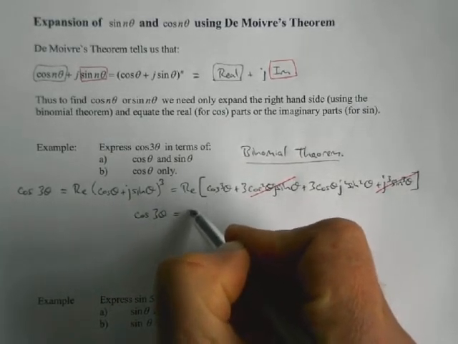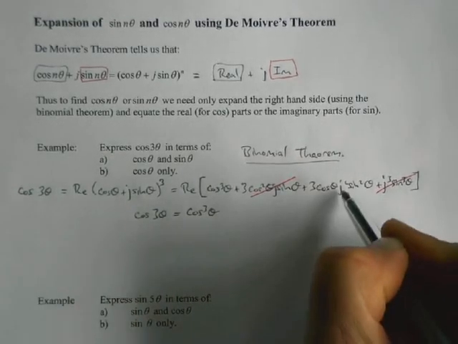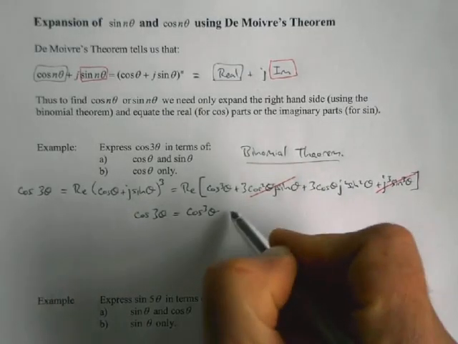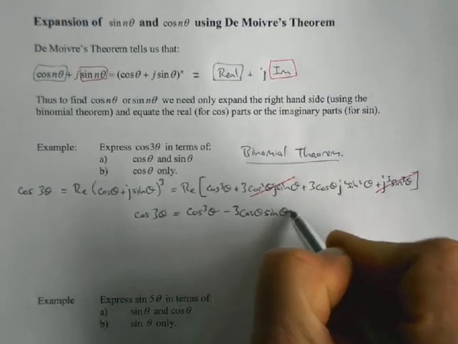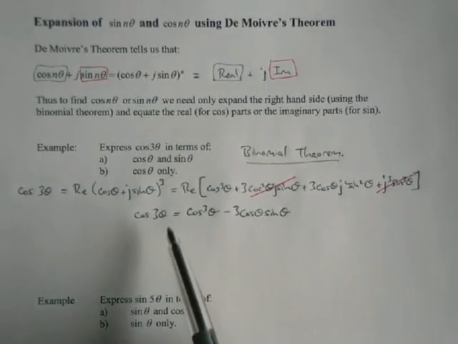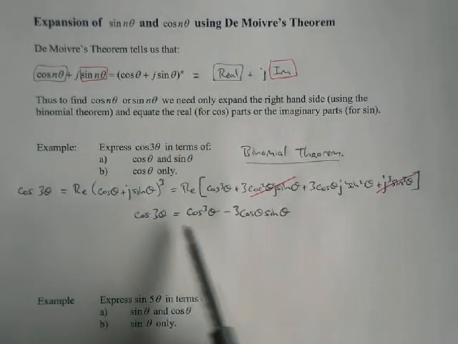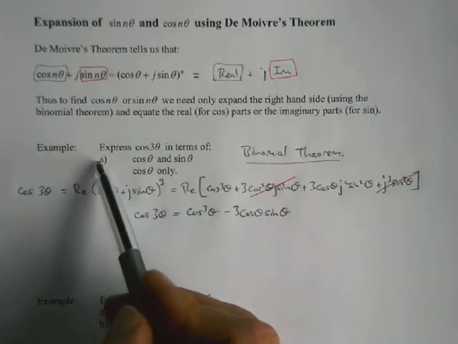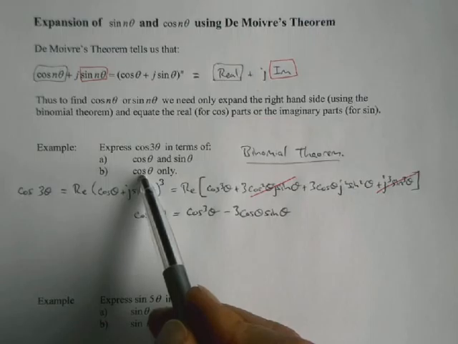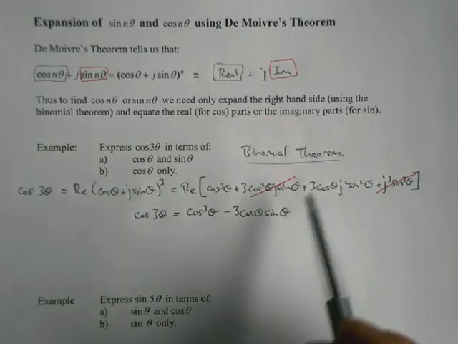So the only thing we're left with is that cos 3 theta equals cos cubed theta, and j squared is negative, so it's going to be minus 3 cos theta sine squared theta. Okay, and that's now got an expression for cos 3 theta in terms of cos thetas and sine thetas.